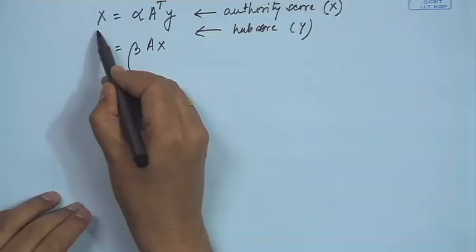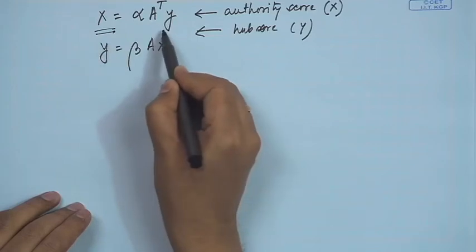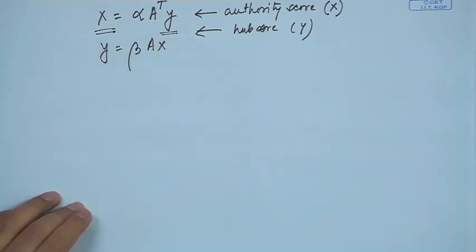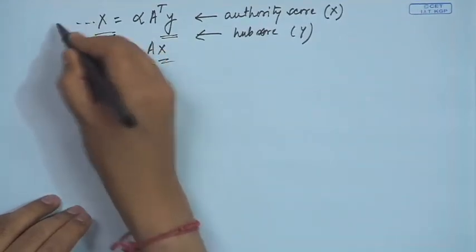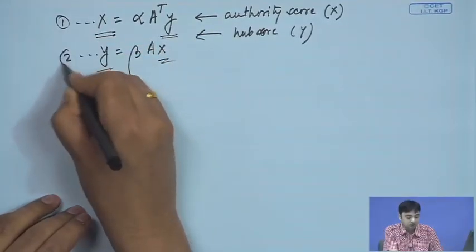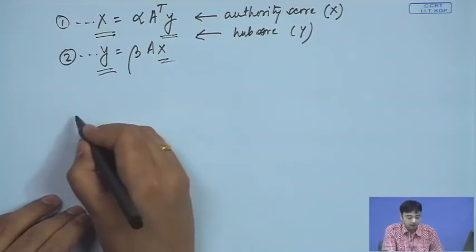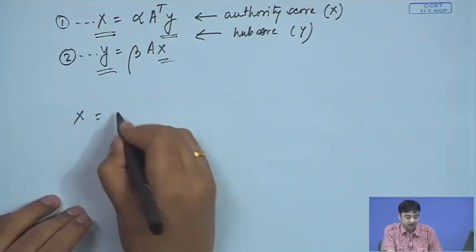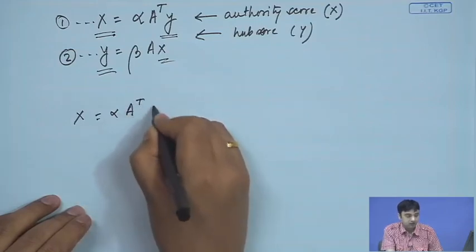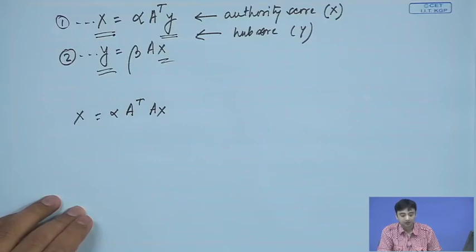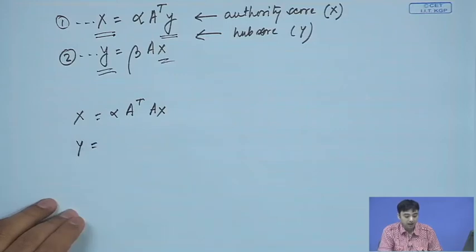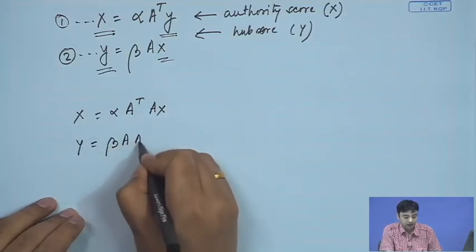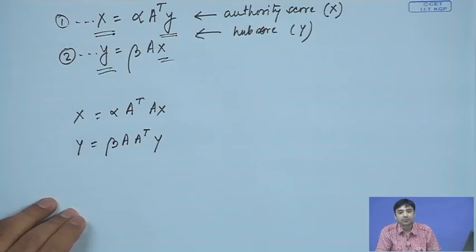So, the authority score is basically summed over all the hub scores, and the hub score is basically summed over all the authority scores. So, given these two equations, let us call this equation 1 and this equation 2 here. Given these equations, we can express x as alpha A transpose A x, right, and similarly we can express y as beta A A transpose y, fine.